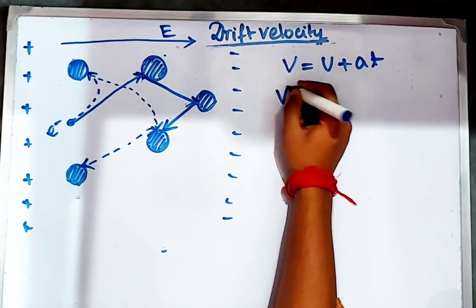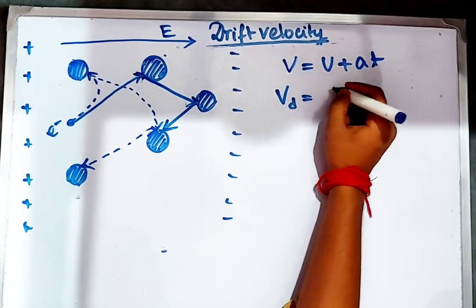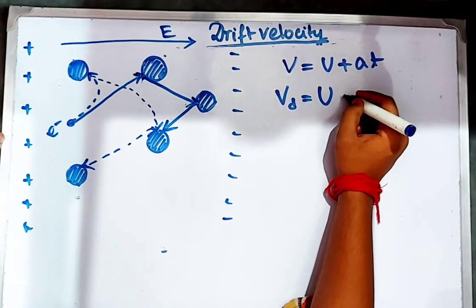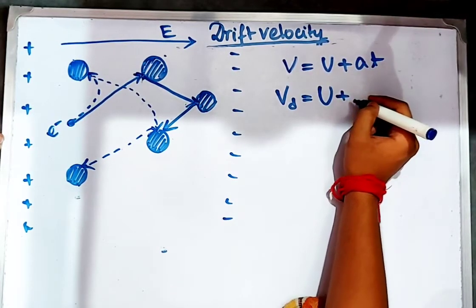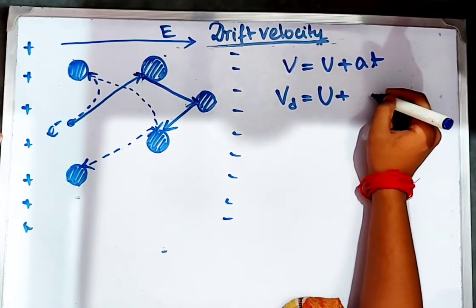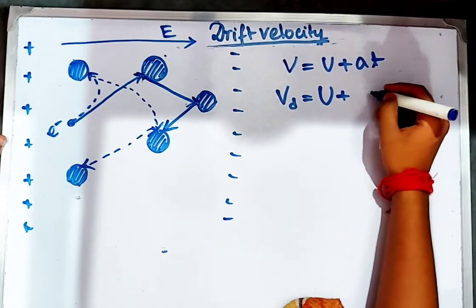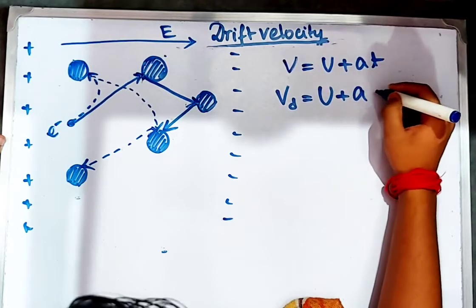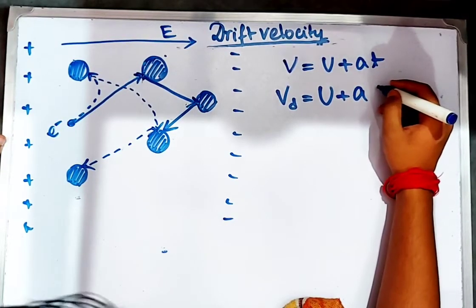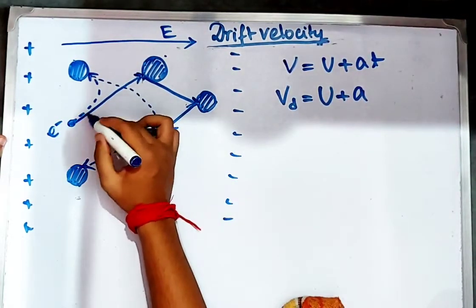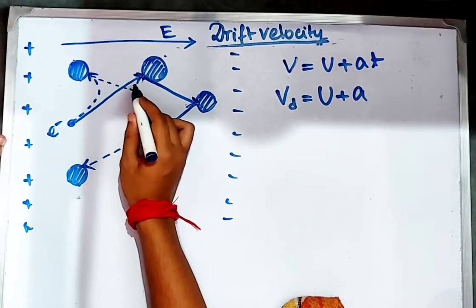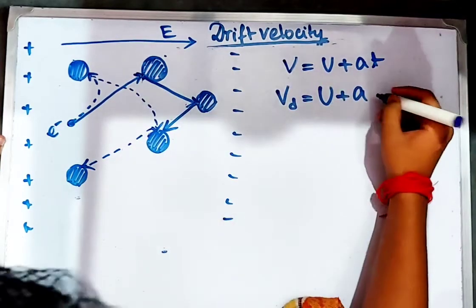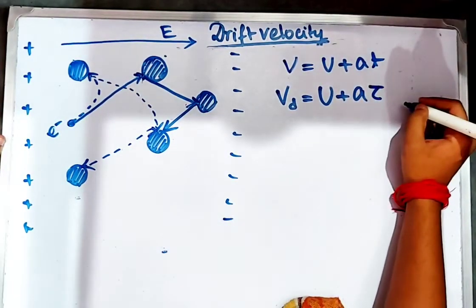So here the drift velocity is the final velocity, and initial velocity is the thermal velocity, which is denoted by u, and acceleration we have calculated, we will put it later, and t is actually the time period between the two collisions. So that is denoted by tau.